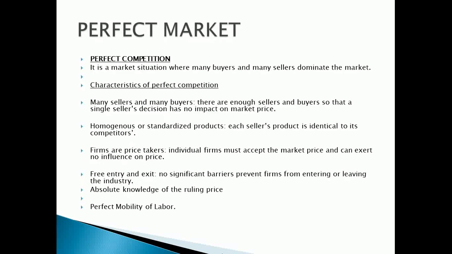The market demand curve slopes downward, while the firm's demand curve is horizontal. The firm's horizontal demand curve indicates a price elasticity of demand that is perfectly elastic, which means the equilibrium price is what the firm takes in a perfect market. And that informs the reason why we call them the price takers.